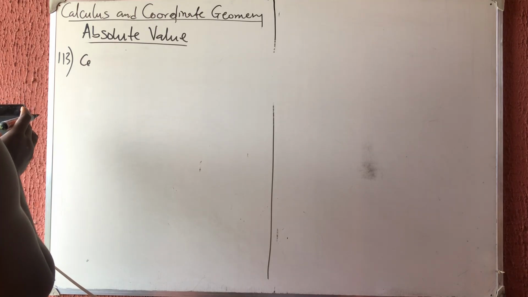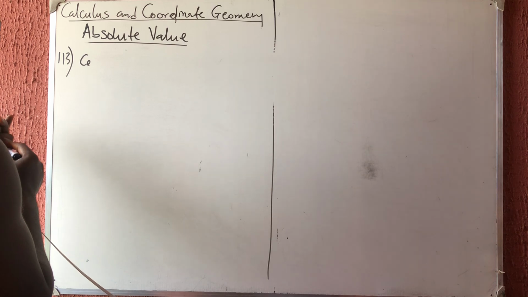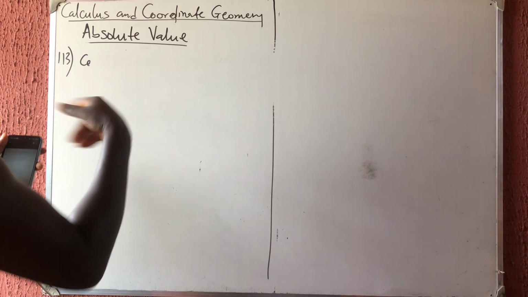Okay, number 96 and number 113 are just the same question. There is no difference. So 114 says we should find the neighborhood, and the neighborhood is always the same thing as the general solution because it is an open interval.